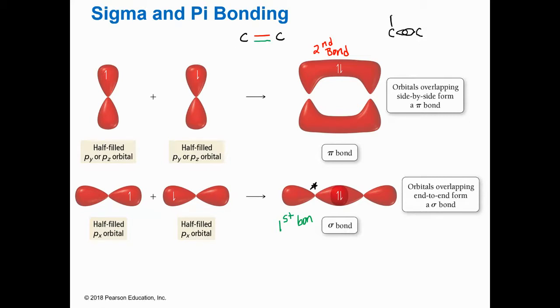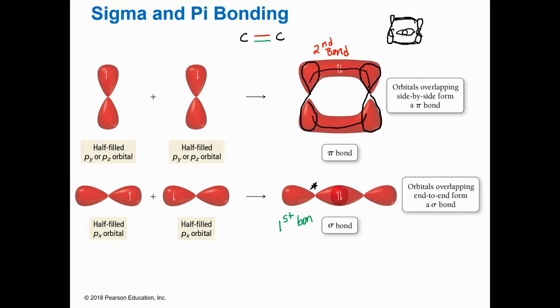Then, because it's figure 8, that p pathway, it overlaps here and here around the carbons. Okay, so these are hybridizing. You can kind of see where that figure 8 is right there.